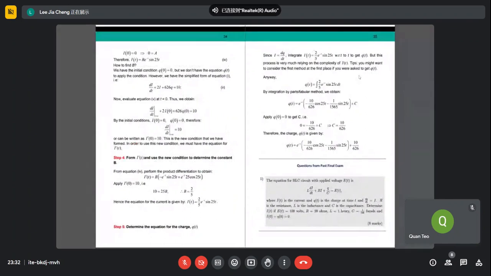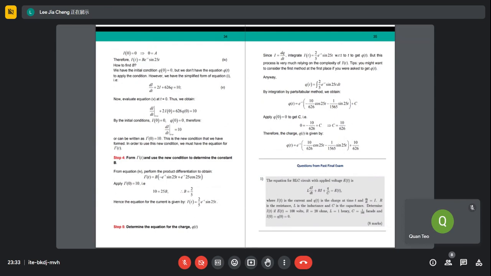Step 5 is to determine the equation for the charge q(t). Since i equals dq/dt, we integrate 2/5 e to the power of negative t sin 25t with respect to t to get q(t). But this process relies much on the complexity of it, so to get the equation we relate to the first method.